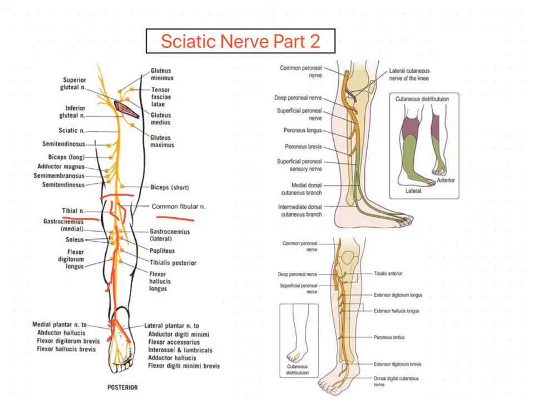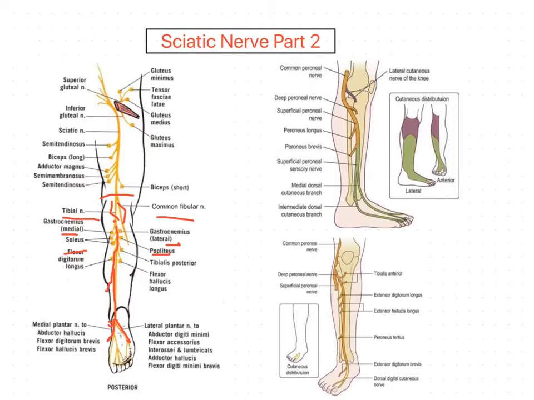If you see the branches of this tibial nerve, in the popliteal fossa it gives muscular branches to the medial head and lateral head of the gastrocnemius, and also the plantaris, soleus and popliteus muscles. These are the branches given at the level of the popliteal fossa.